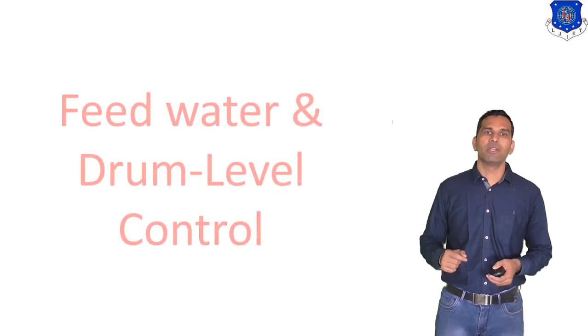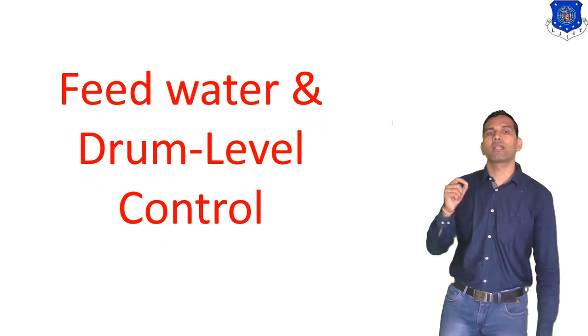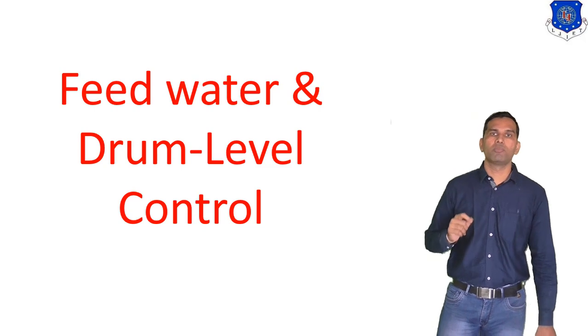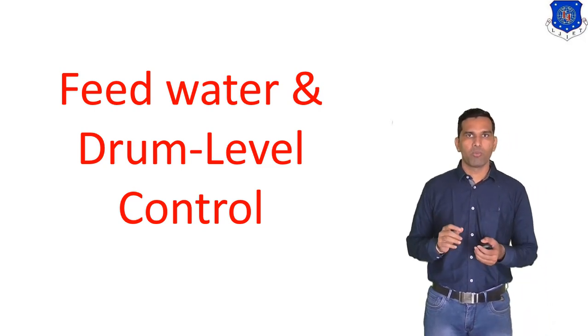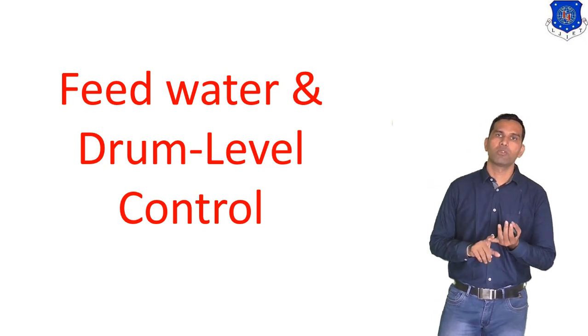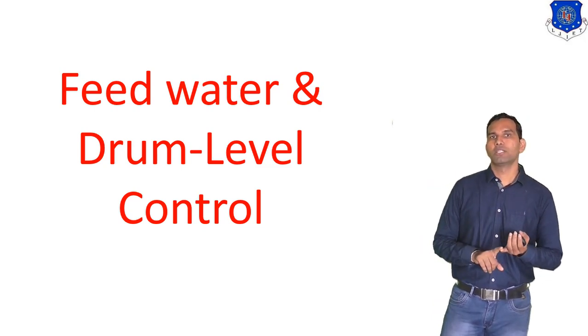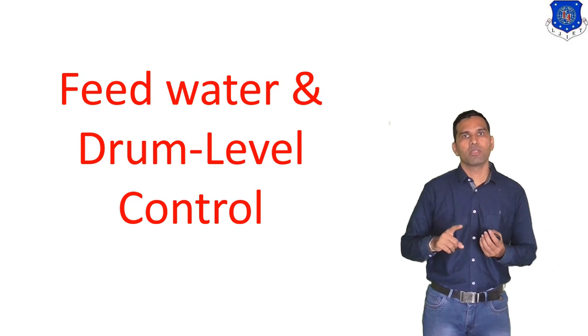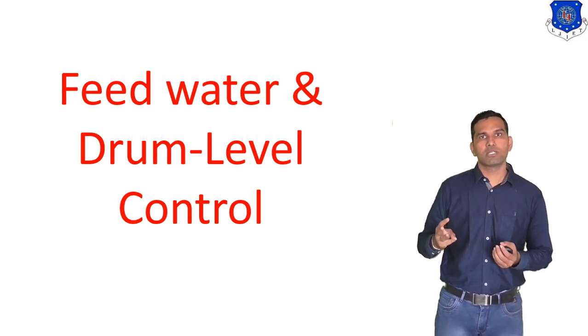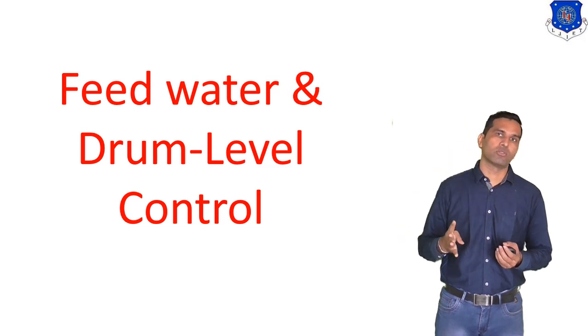So here we discussed the feed water and drum level control system. This is the last point of this chapter. The main topics of this chapter: first is the control systems, which are the feedback control system, feed forward control system, cascade control system, and ratio control system.